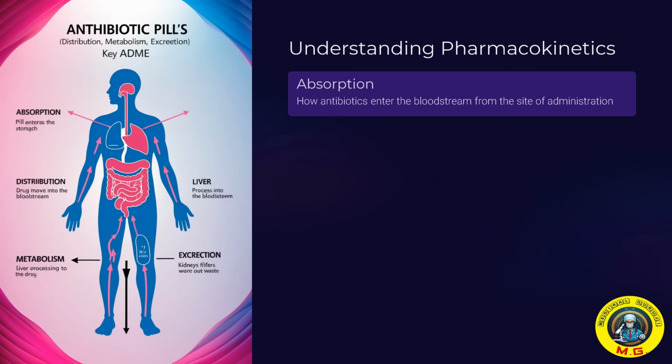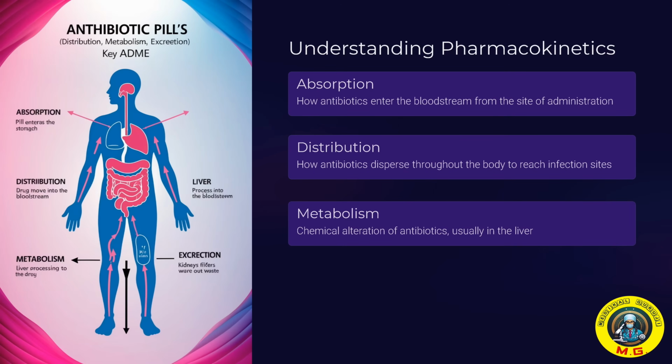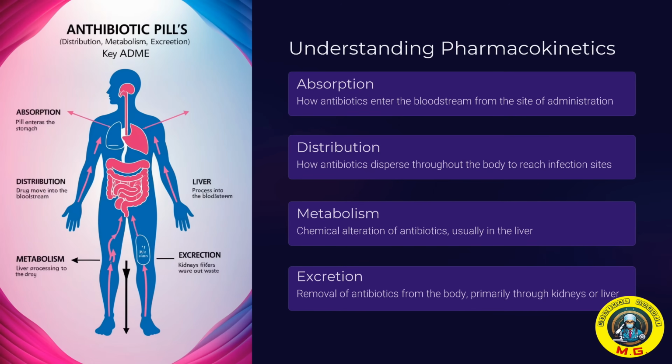First one is absorption. Absorption is the process by which antibiotics enter the bloodstream from the site of administration. The route of administration can significantly impact the absorption rate and bioavailability of the antibiotic. For example, various routes of administration are oral, that is PO, written as PO in the prescription, per oral.